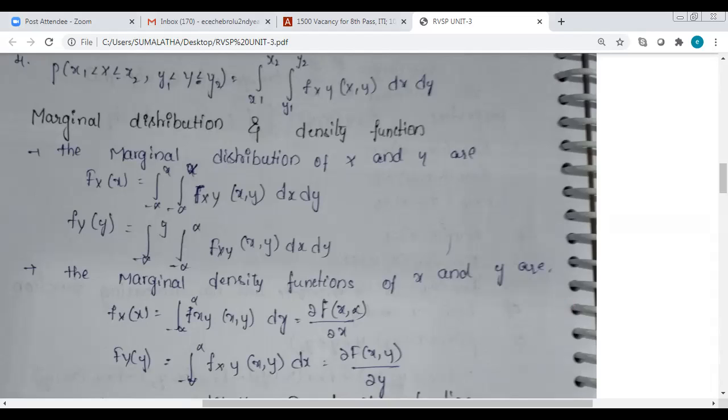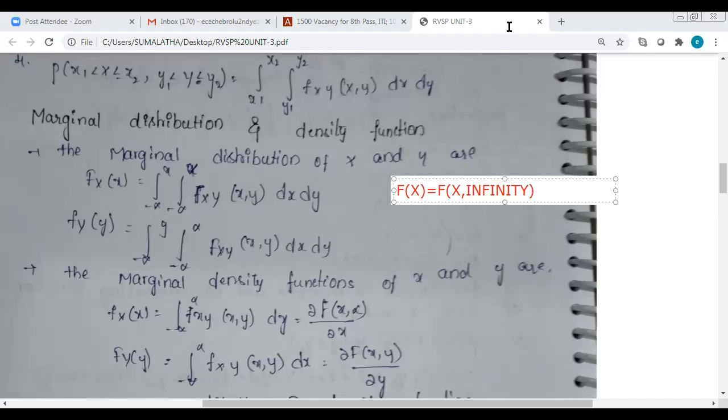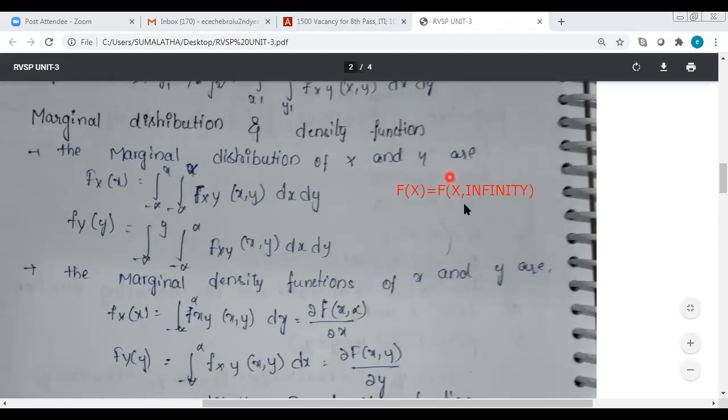Capital fx of x is equal to capital F of x comma infinity, which we learned in the previous class. Here x is the random variable, and for y it is infinity.